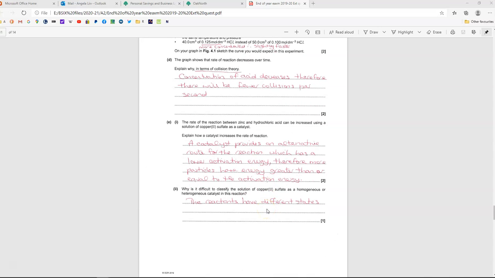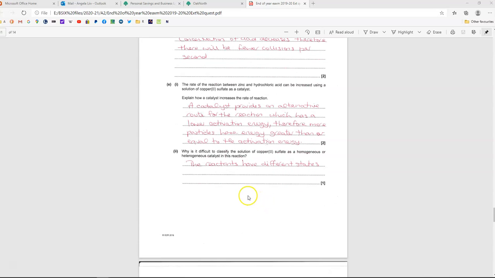Okay, so if you use a catalyst, copper 2 sulfate, how does a catalyst increase the rate of a reaction? And I cannot stress this enough, it doesn't just reduce the activation energy, it provides an alternative route which has a lower activation energy, and as a result of that, more particles will have energy greater than or equal to the activation energy.